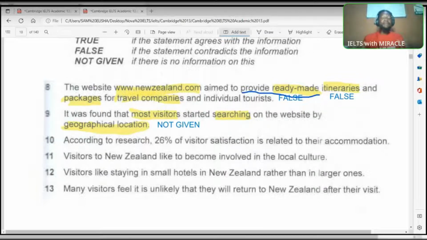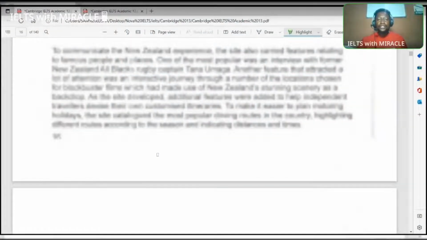Ready-made itineraries. What is ready-made? Something that is already prepared. Something that is already prepared. Is that okay? But when we go to the passage, and oh, thank God I'm able to identify this. When we go to the passage up here, we discover that it is a contradiction.